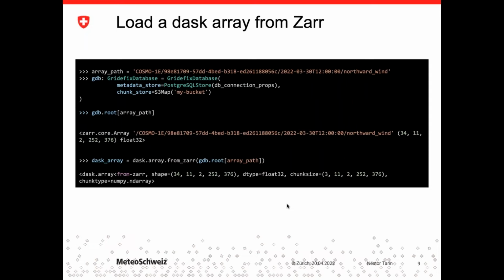Then we can create what we call the Gridefix database, which wraps the Zarr root node. With this command, gdb.root, we pass the path, and this is actually a Zarr array. Then we can load such a Zarr array using the dask from Zarr method, and we just show here that we get the same shape, so it's the same array.